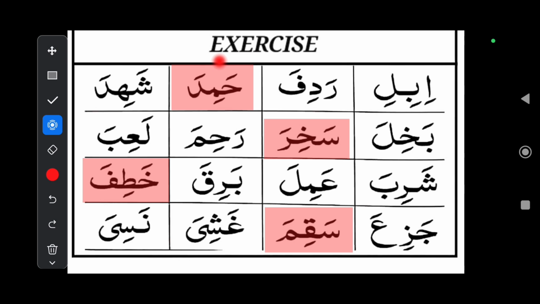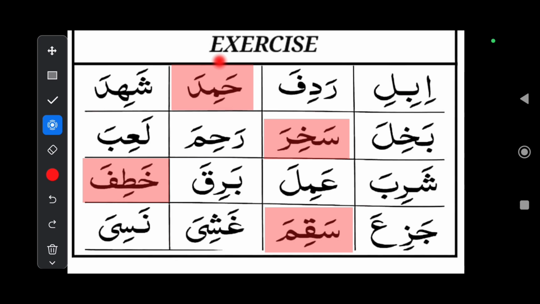No, you need to practice more and more. Ha zabar ha. Press your throat. Ha. Zabar ha. Good. Next letter.